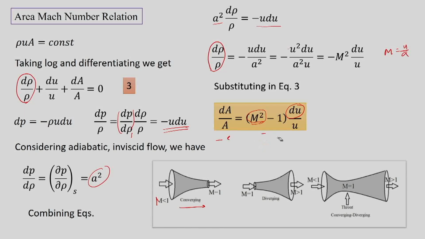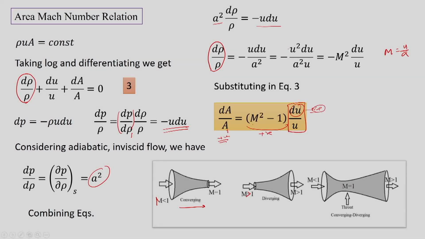Now, let us take an example of supersonic flows or a diverging section, and in case of a diverging section like this, let us say the Mach number at the inlet is more than 1, so the Mach number at the outlet is more than 1. So, this term will be positive, and now if dA by A is a positive number, then this term also needs to be positive. This will be positive if du is positive.